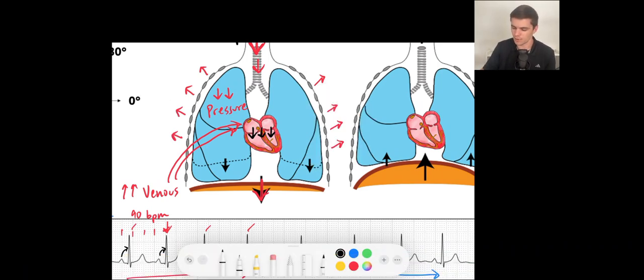So you get a compensatory increase in sympathetic fibers, those fibers from the sympathetic nervous system, that fight or flight kind of adrenaline system. They kick in to increase the heart rate.